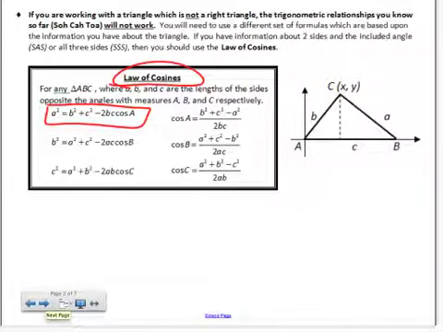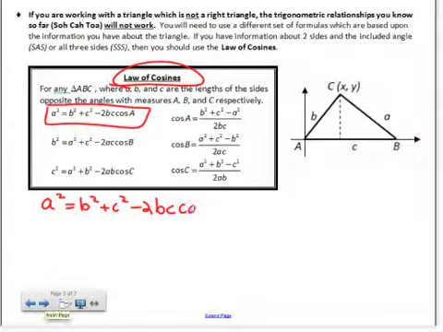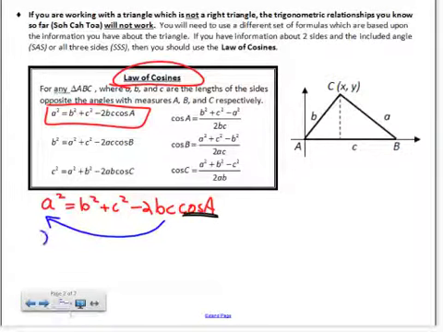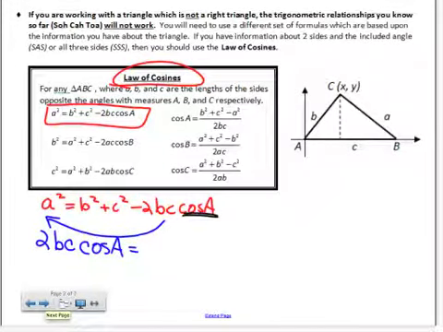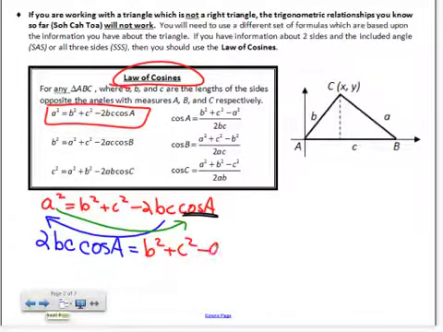And then if we took that formula and solved it for the cosine of A, let's just do that. I'm going to make this term positive, so I'm going to move this over there, which makes this 2bc times the cosine of A. Then we move the a squared this way, which gives us b squared plus c squared minus a squared.